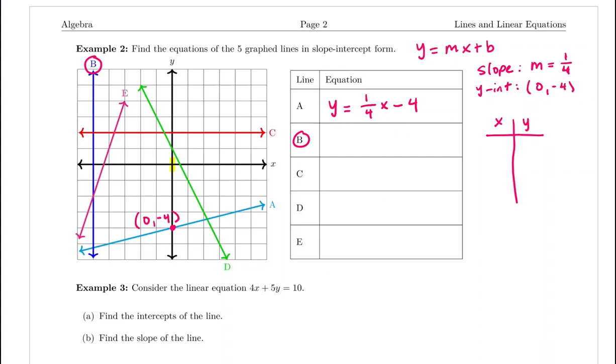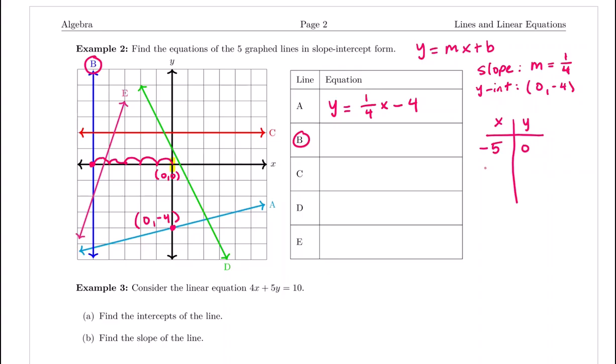The origin is the ordered pair 0, 0. And in order to get to one of the points on my line B, I go over 1, 2, 3, 4, 5 units. This is actually negative 5, comma 0, since we're moving to the left of the origin.